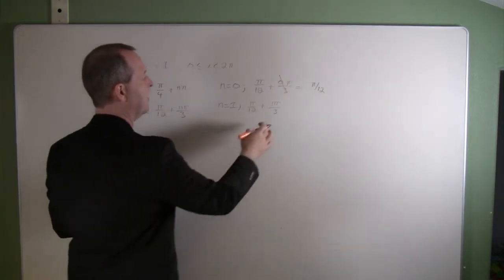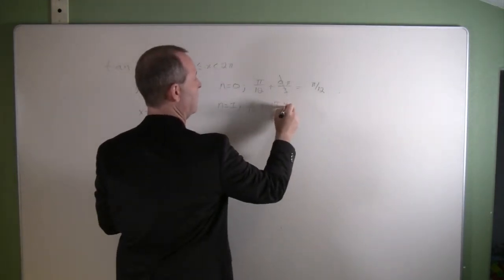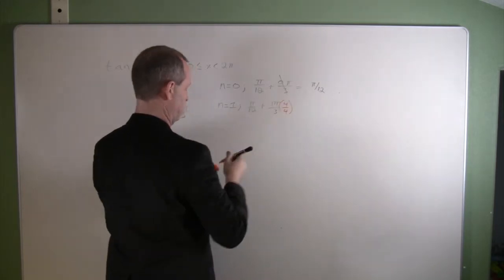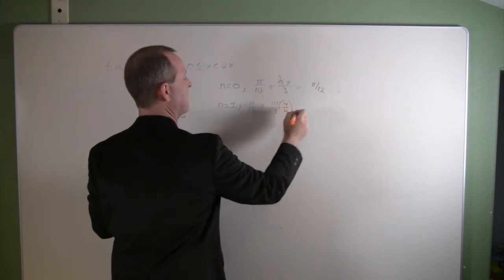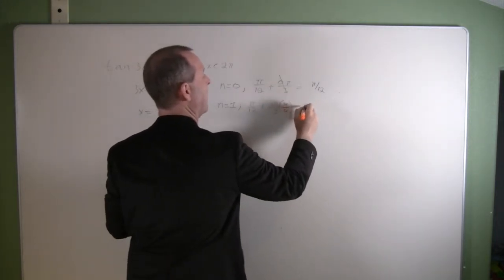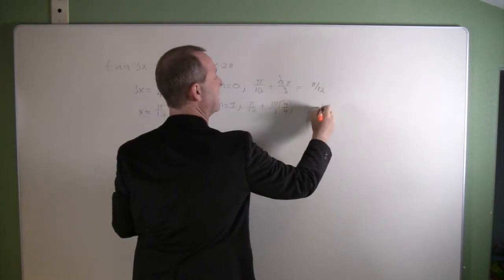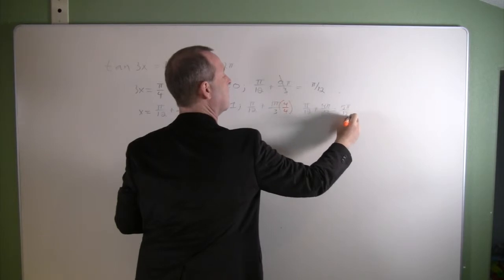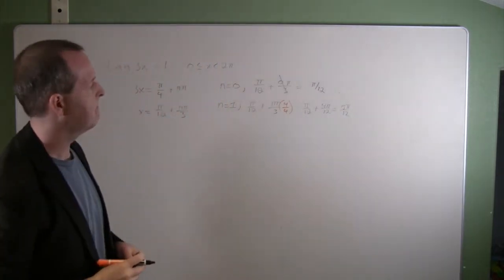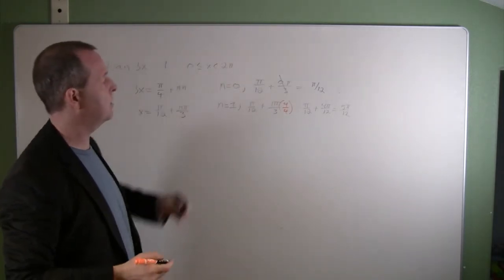Let's get a common denominator, so let's multiply this side by 4 over 4. So then I have pi 12ths plus 4 pi over 12ths equals 5 pi over 12. Notice that that solution also occurs between 0 and 2 pi.